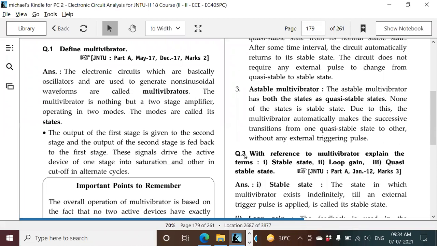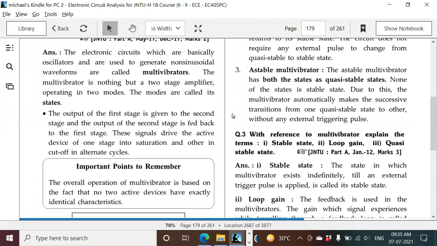The output of the first stage is connected as input to the second stage, whereas the output of the second stage is connected as input to the first stage. So the inputs and outputs of the two stages are cross connected. I am repeating this many times because it is common for the coming three multivibrators.